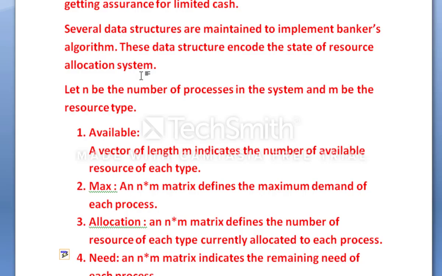Suppose process P1 requires 4 printers, but currently we do not have 4 printers, we have 2 printers. So we can allocate 2 printers, and process P1 still requires 2 printers for its complete execution, right? So process P1 will wait in a waiting queue for the resource of type printer, and the number of resources required is 2.